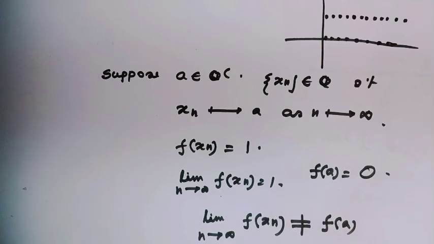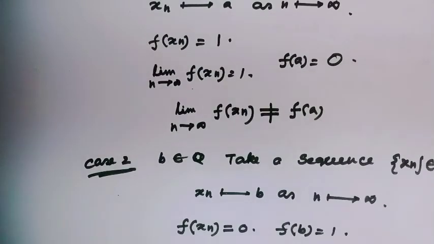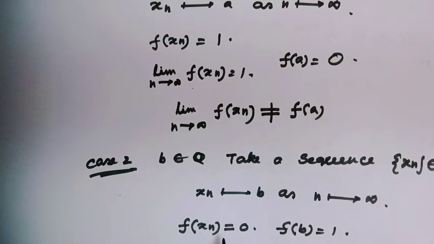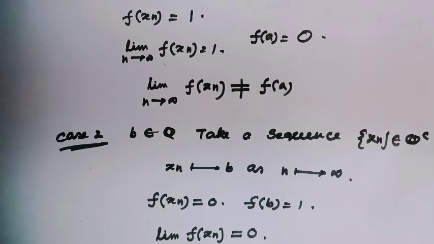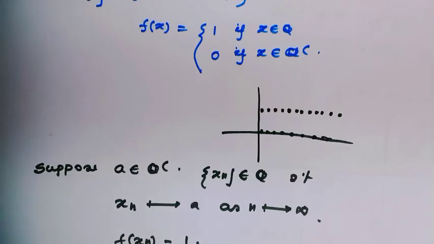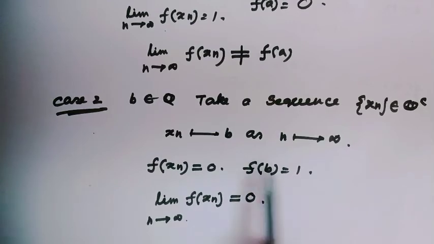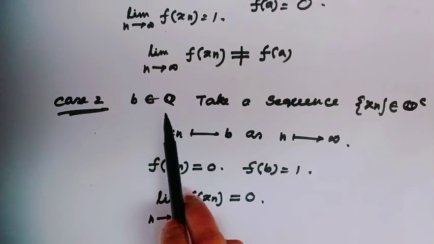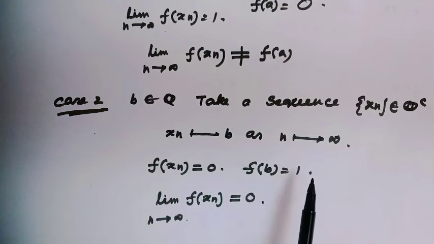Okay? And case 2, consider b belongs to Q and take a sequence xn of irrational numbers such that xn converges to b as n goes to infinity. What would be f of xn? Since this is a sequence of irrational numbers, f of xn would be 0. Similarly, since b belongs to Q, f of b must be 1.